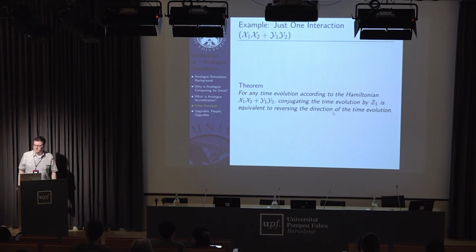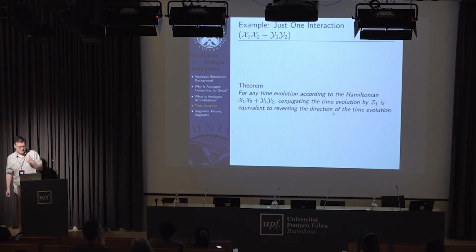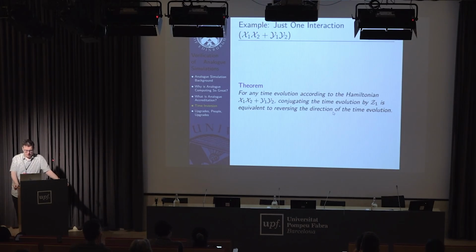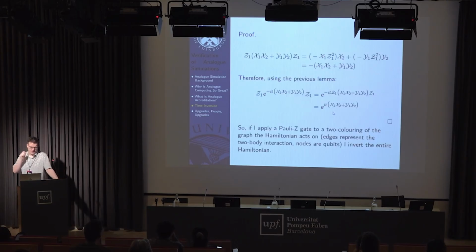Okay, so just to give an example that's going to illustrate how this works, I'm going to take the XY interaction on just 2 qubits for now. That's going to be a nice little toy example. The basic theorem here is that if I apply a Z gate to just the first qubit, that should give me the inversion that I was talking about earlier. So you can see how this works here.